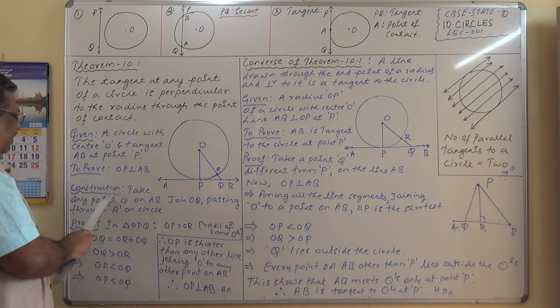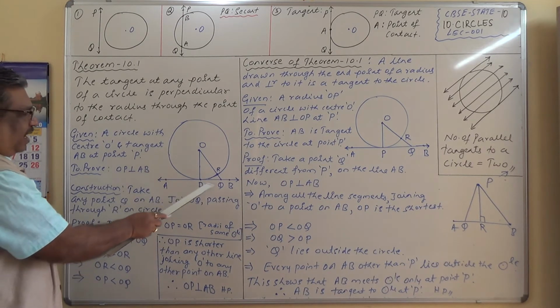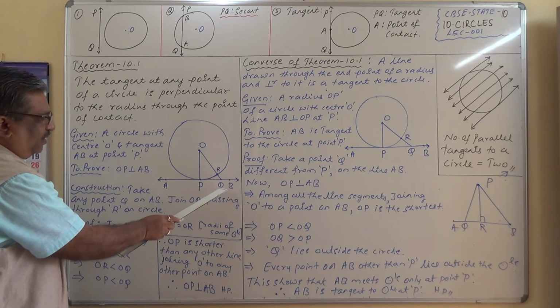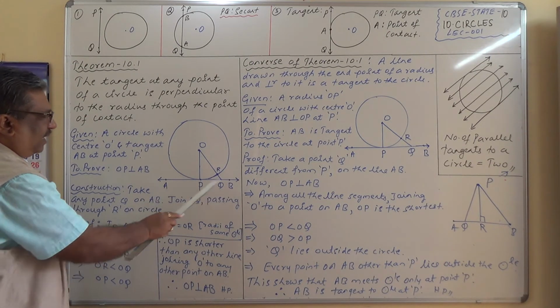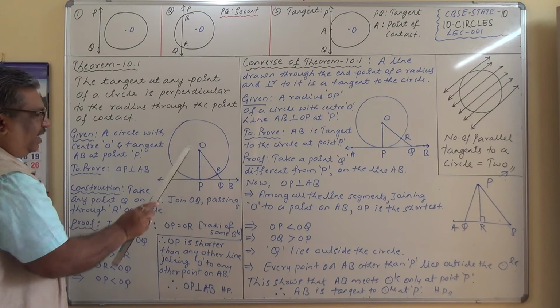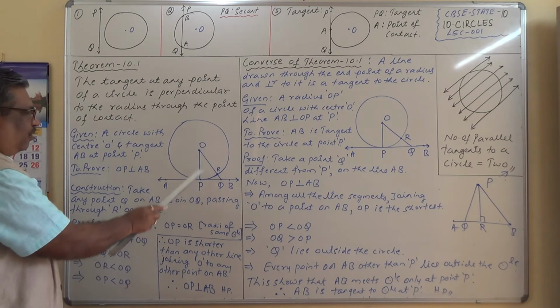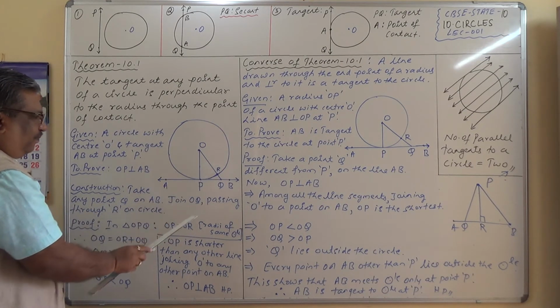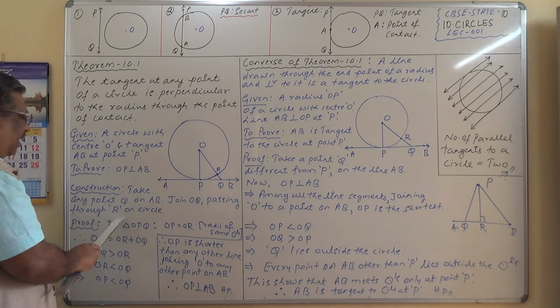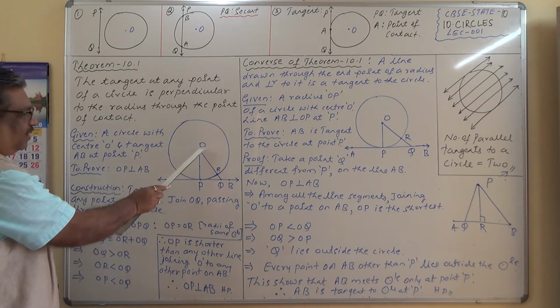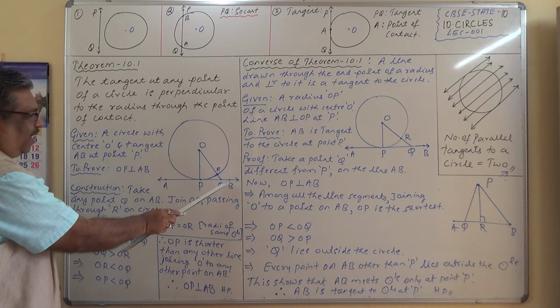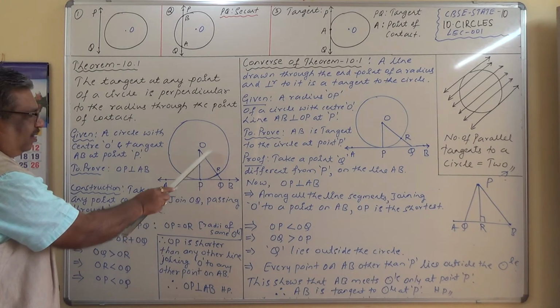Construction. Take any point Q on AB. I have chosen this point Q on this line segment AB other than point P. Join OQ passing through R on the circle. This line segment OQ passes through a point R on the circle.